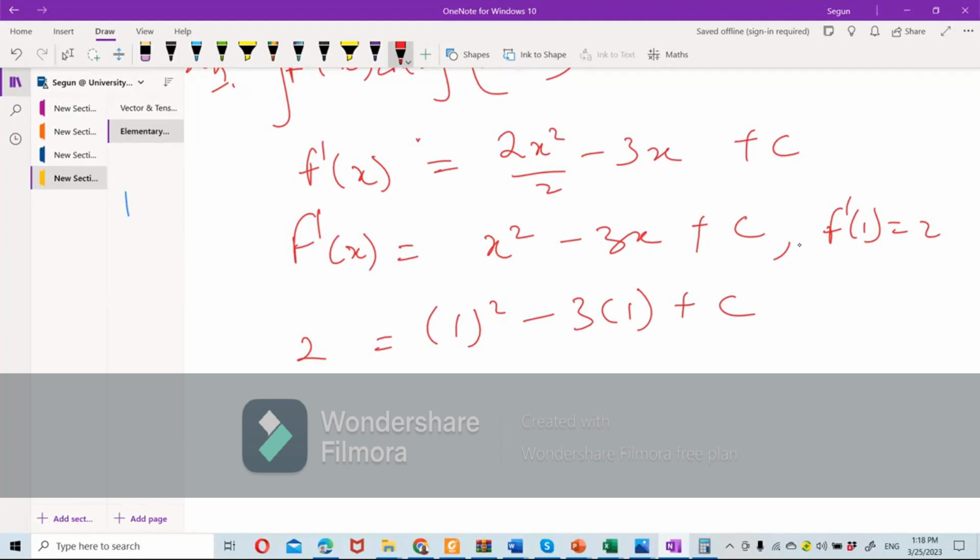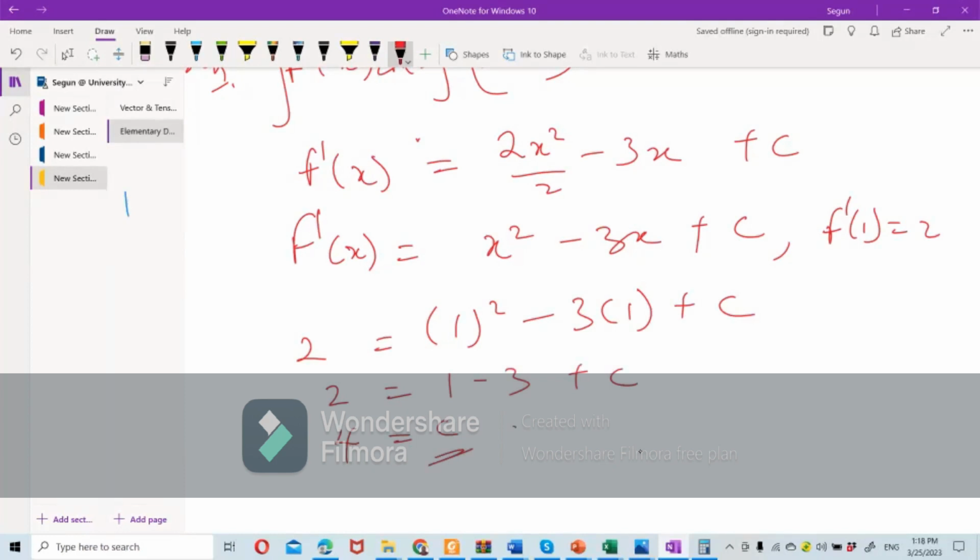If you solve it very well, you have 2 equals 1 minus 3 plus c. So this is minus 2, cross to the other side. This is 4 equals c.